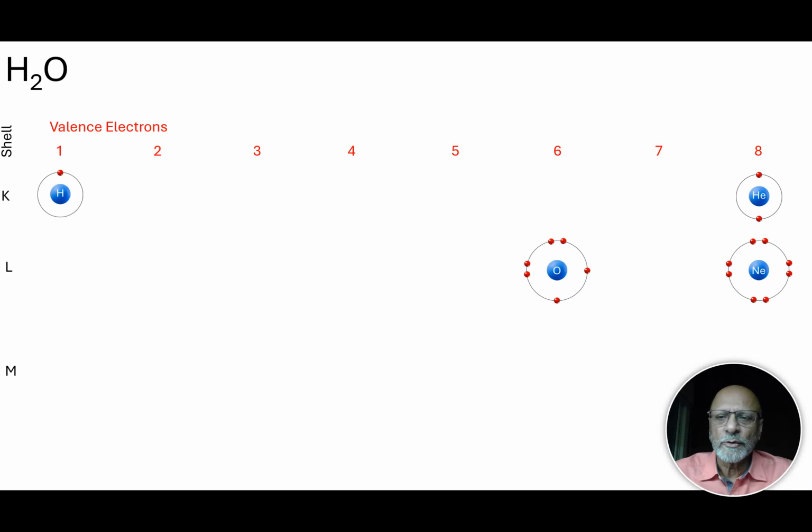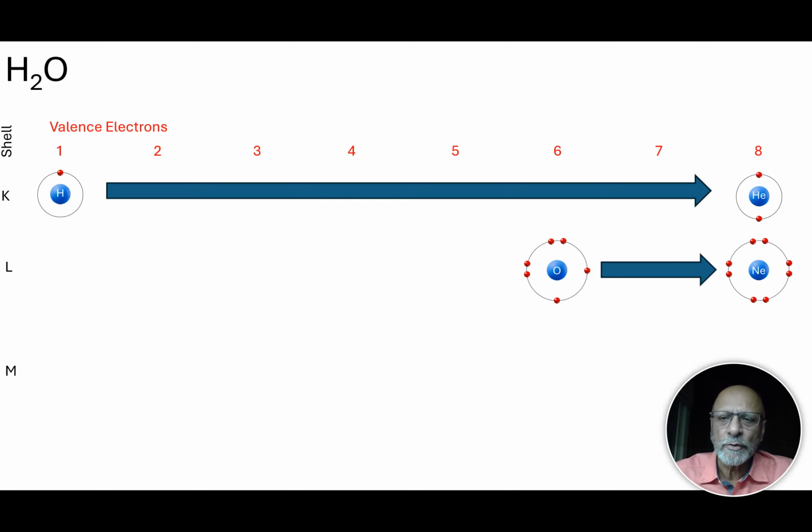So let's take water. You have hydrogen, which has one valence electron, and you have oxygen, which has 6 valence electrons, and they both want to reach the octet, satisfy the octet rule, i.e. hydrogen wants to reach 2, the duet, and oxygen wants to reach 8, which is the octet.